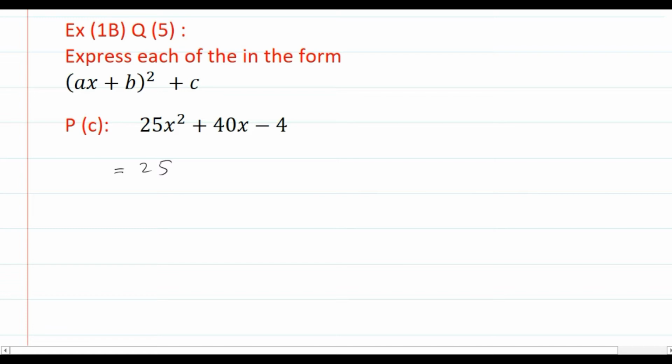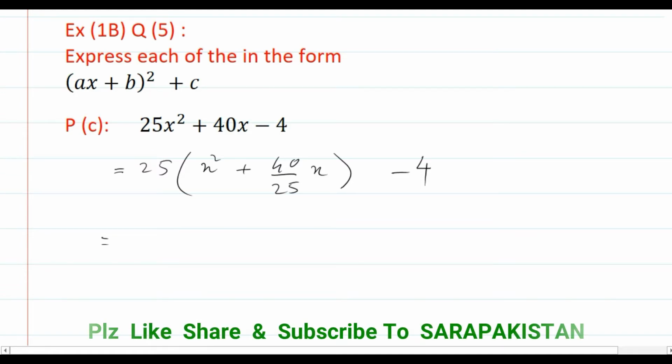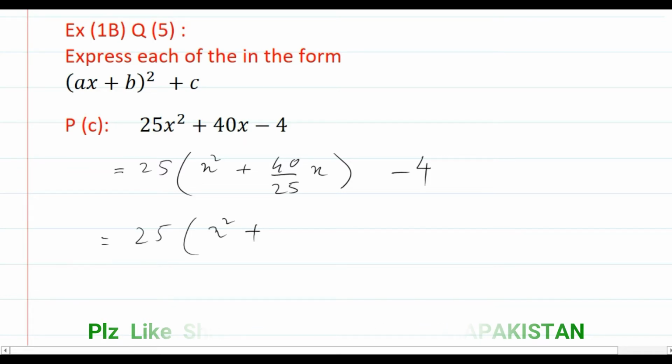You are left with x square plus 40 over 25x and minus 4. On further simplification you will get x square plus 8 over 5x and minus 4.